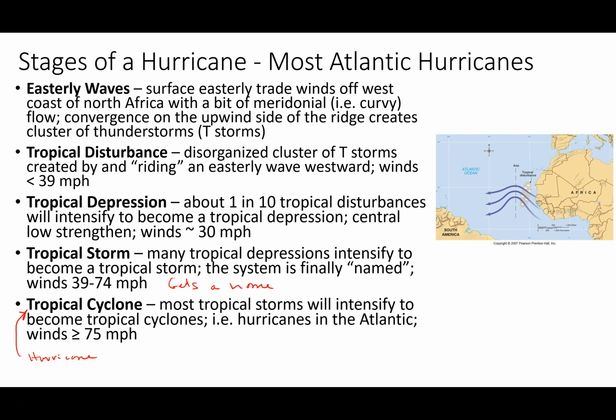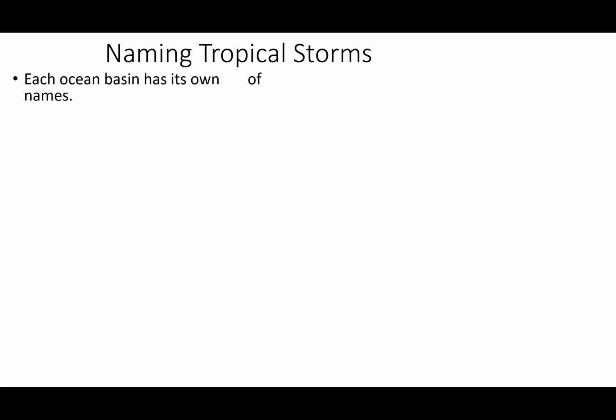I think I had 74 miles per hour, now I have 75 miles per hour, but that's okay. So that's kind of it in a nutshell. Let's talk about some rules of naming your tropical storm, kind of the level before your hurricane.